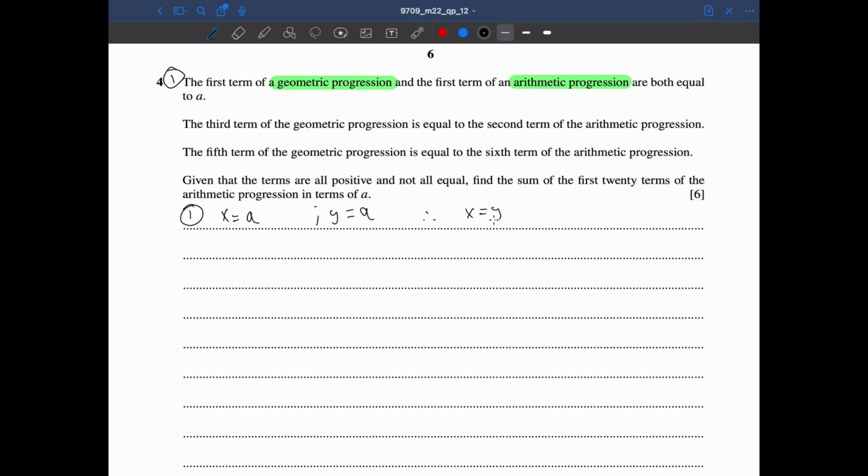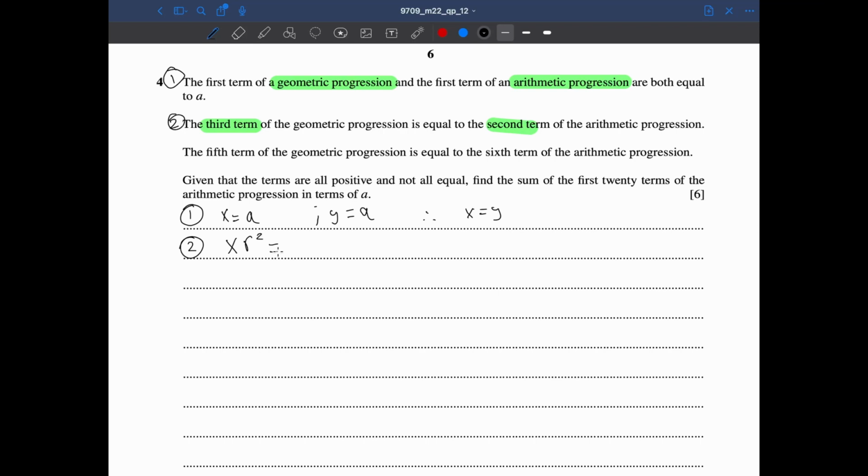Okay. The third term of the geometric progression, so that's the second piece of information that we'll note down. The third term of the geometric progression is equal to the second term of the arithmetic progression. So what do they mean by the third term? We're basically taking x and multiplying by some constant twice. So it's going to be x multiplied by r squared, where r is the constant.